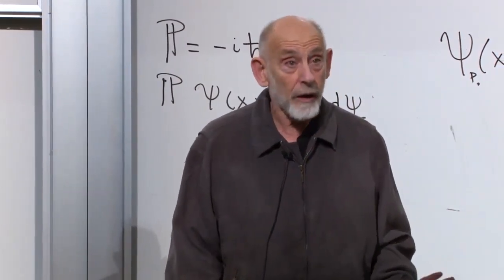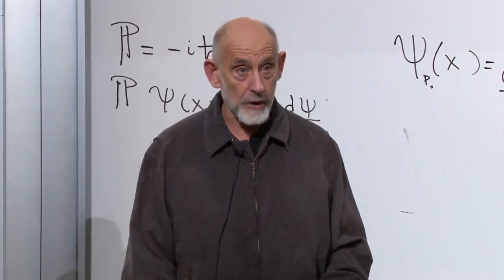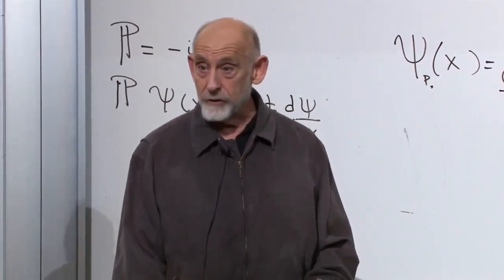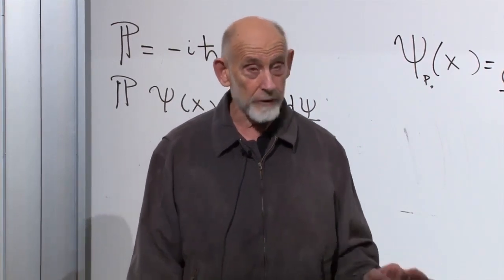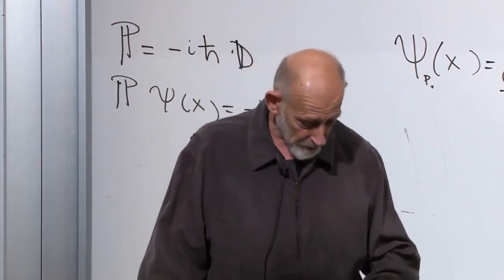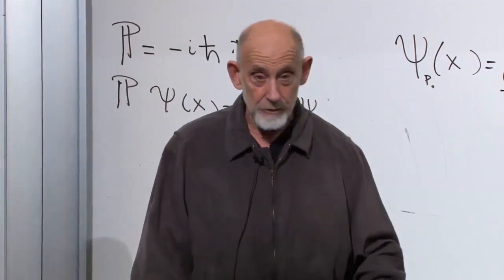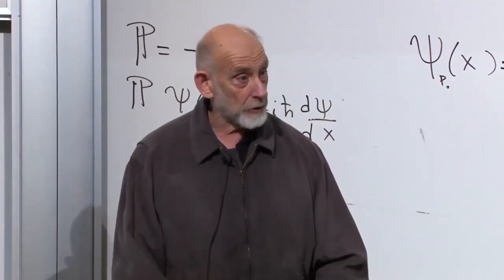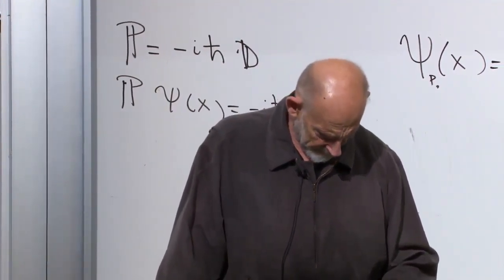But I wouldn't cheat you if I didn't know that the steps can be filled in, and that if you go and find yourself a book on Fourier transforms, you will be able to fill the steps in yourself. So I haven't really cheated. What I've done was just a little bit of a shortcut.